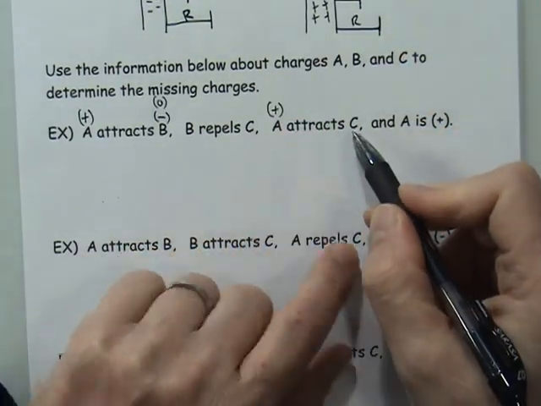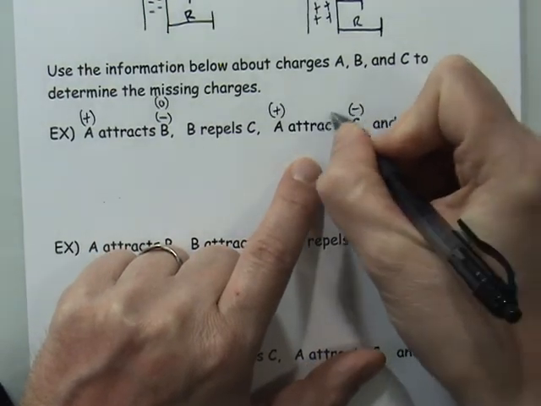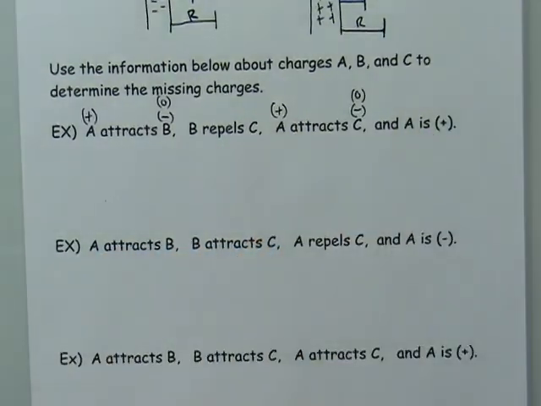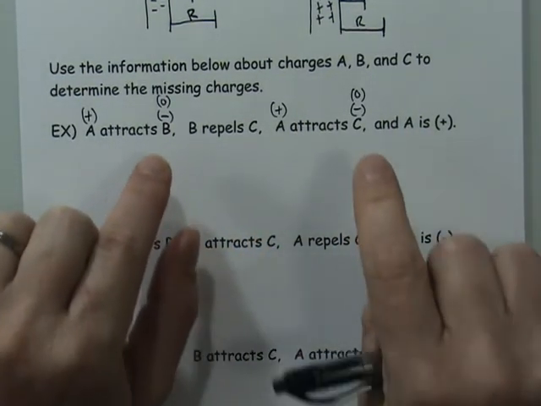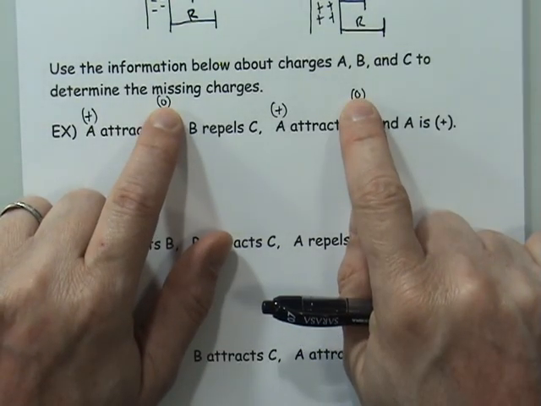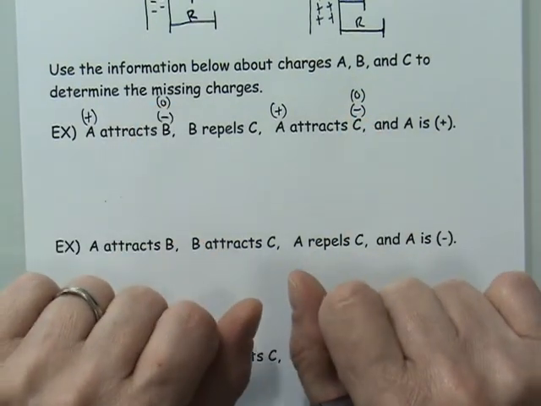So let's take a look at what could happen with C. Well, C could be negative because that's one possibility that would produce attraction, or it could also be neutral. So I have essentially 4 different possibilities about what B and C could be. They could both be negative, they could both be neutral, or one could be negative and one is neutral, or they could be reversed.